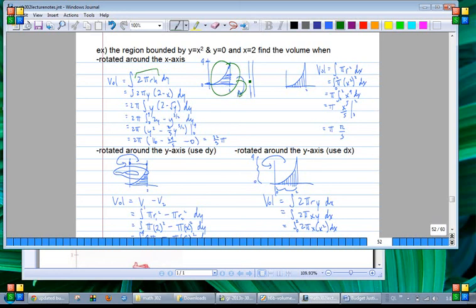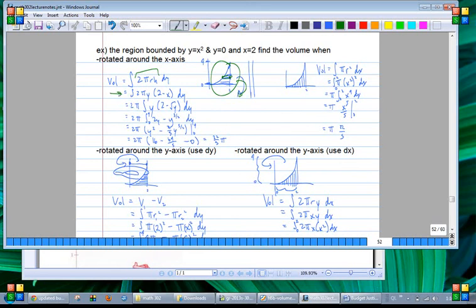Now the height, if we're thinking about the shell, is actually this distance. So this is one of those cases where it's not just as simple as 2 pi xy. The height is the distance between that point and that point, so it's actually, as measured along the x-axis, 2 minus the x value from the function. That gives us this.